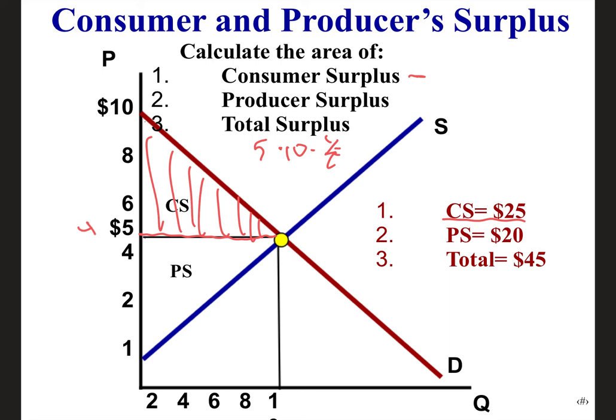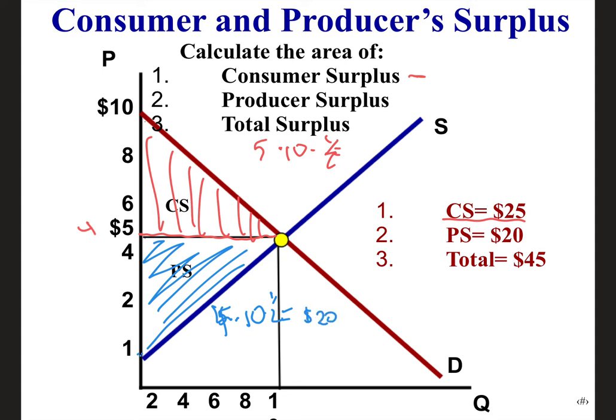In the case of the producer surplus, I can do the same thing, looking at the area of a triangle. In this case, I'm looking at from 1 to 5, $4 times the 10 quantities of the good, and multiplying by a half, we'd end up with $20.